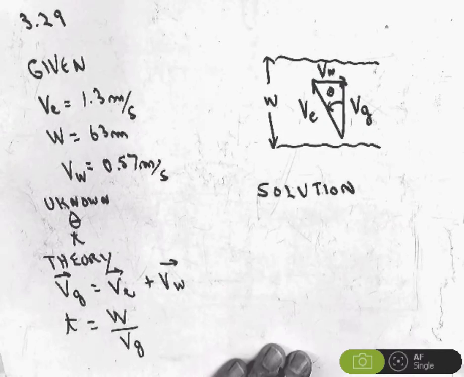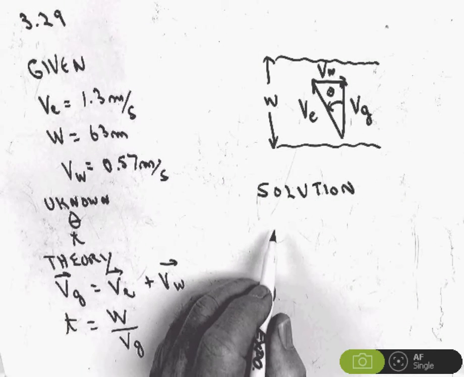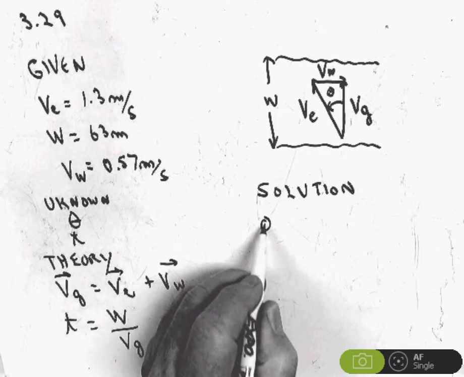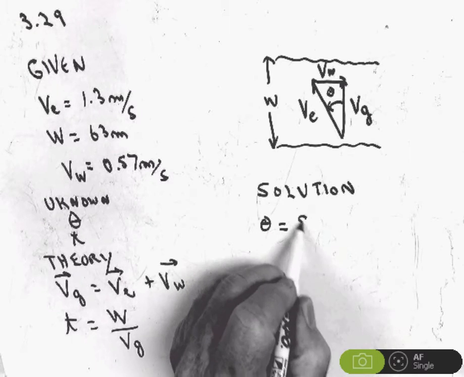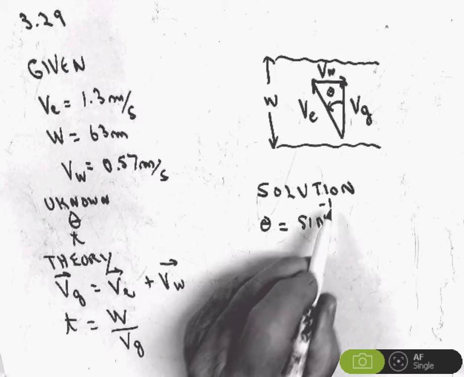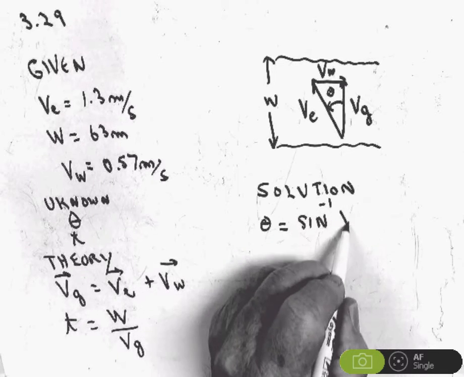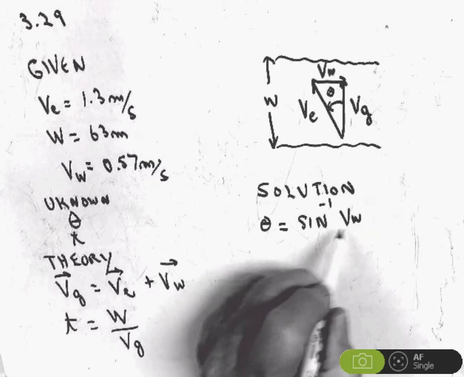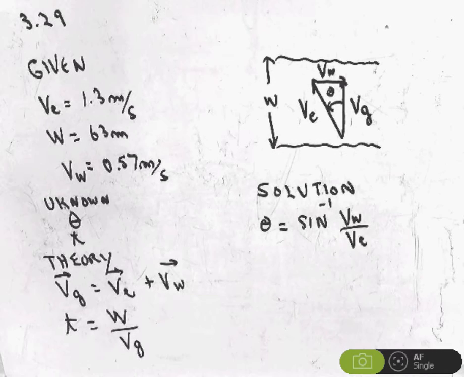Since that's a right triangle, the angle theta, which we're looking for, would be equal to the inverse sine of v of the water over velocity of the engine, which is given. Okay, so that's pretty easy to do.